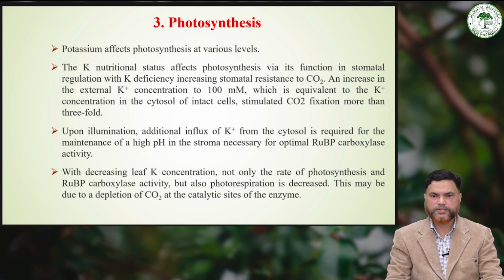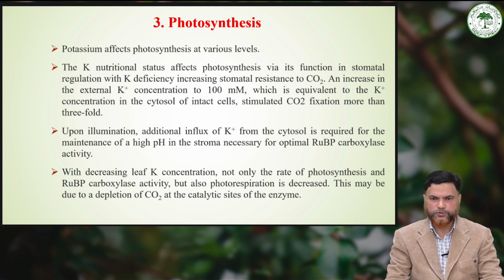What happens when the external concentration of potassium is raised to say 100 millimole, which matches the concentration of potassium in intact cell cytosol? Carbon dioxide fixation increases almost 3 times.